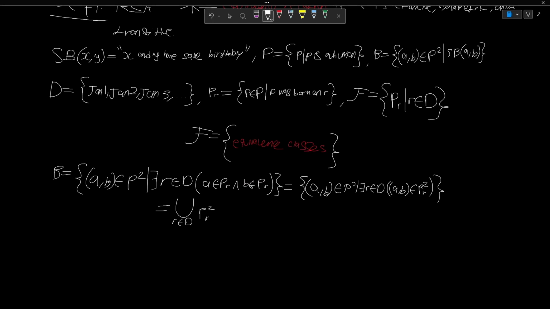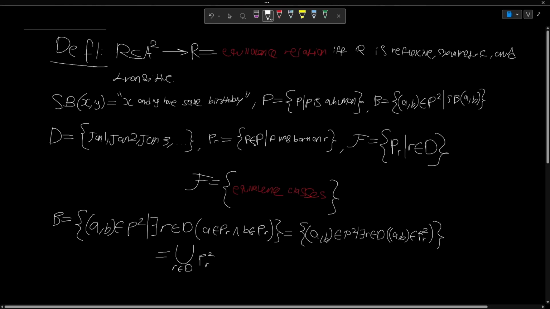And again, we can think of B as pairing two elements in P that exist in the same equivalence class. And when writing it out, you can show that B is actually equal to the union for r in D of P_r squared, where P_r is, again, the set of all people that have the birthday r.